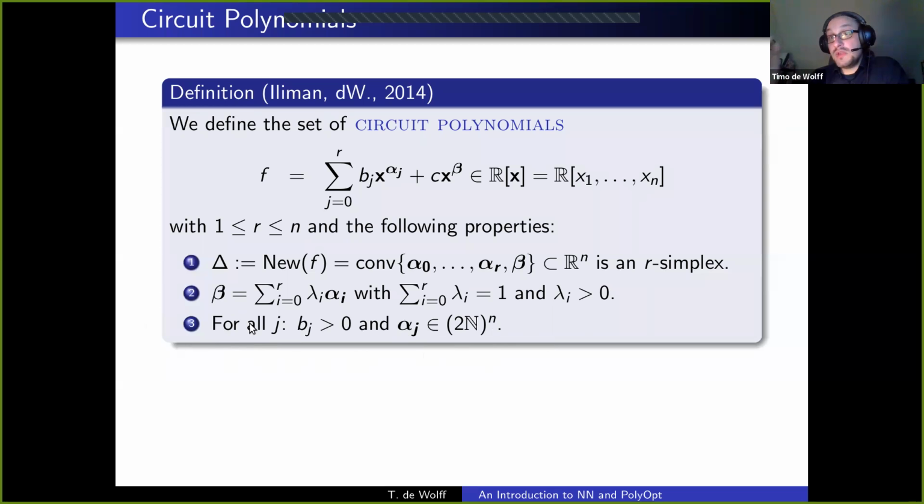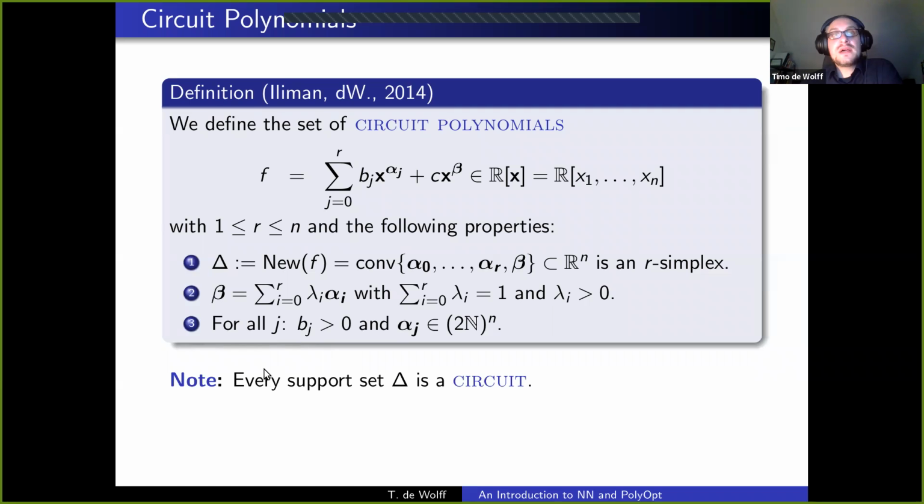Let me say this again. If you have any polynomial f, and the question is whether it could be non-negative on R^n, then this condition 3 is a necessary condition for all vertices of the Newton polytope and the corresponding coefficients. I will not show this now, but you can think about this later after, well, dinner or something like this. It's a nice little exercise.